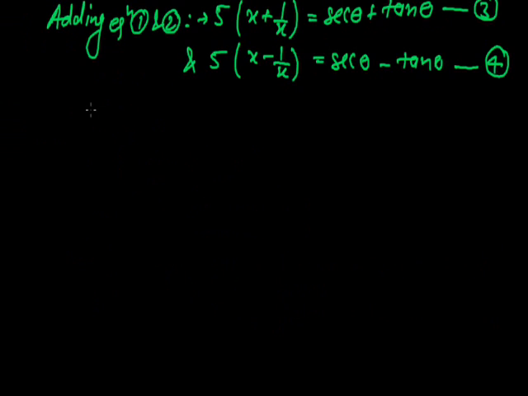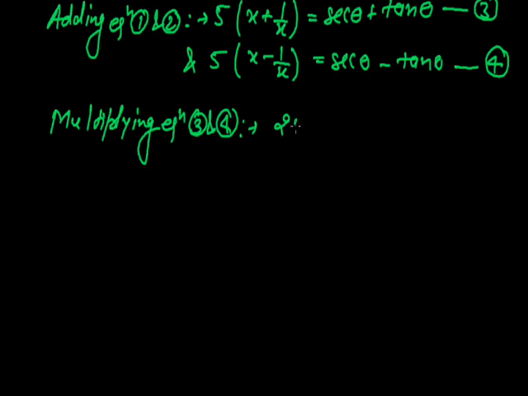Now by multiplying both the equations 3 and 4, we have 5 into 5, 25, and x square minus 1 upon x square is equal to sec square theta minus tan square theta, that is equal to 1 by the second trigonometric identity.